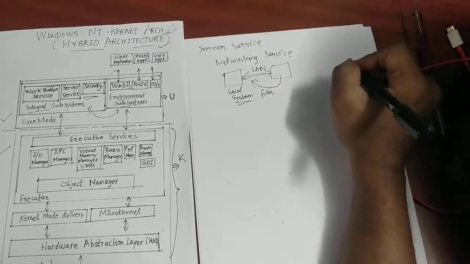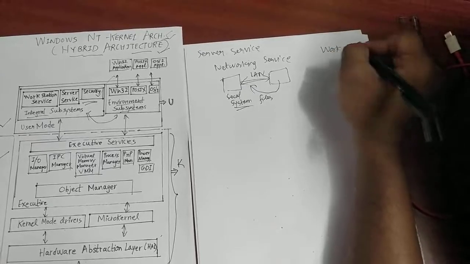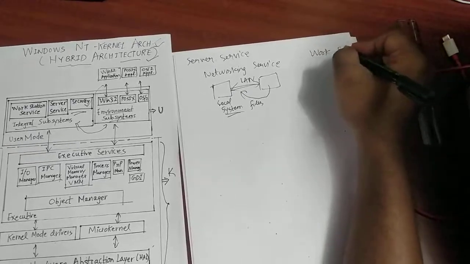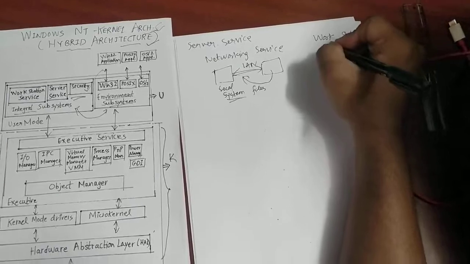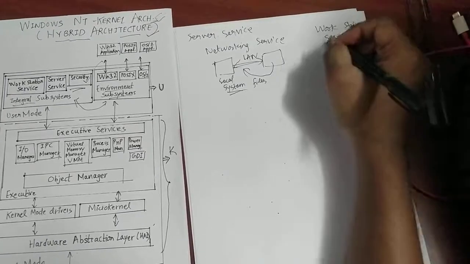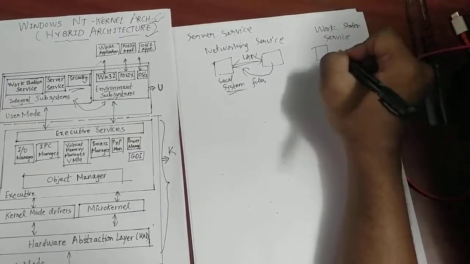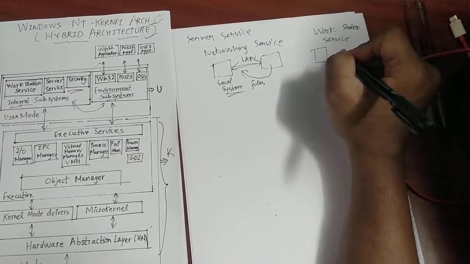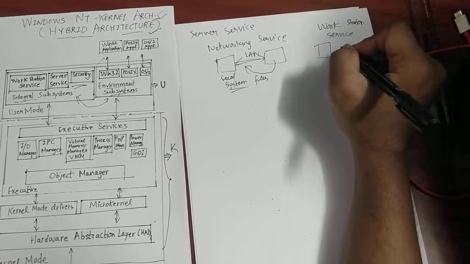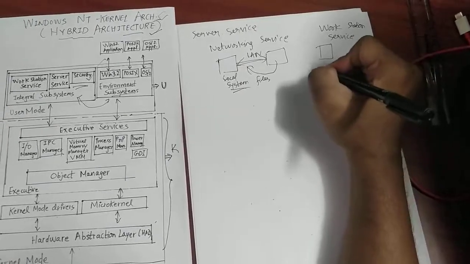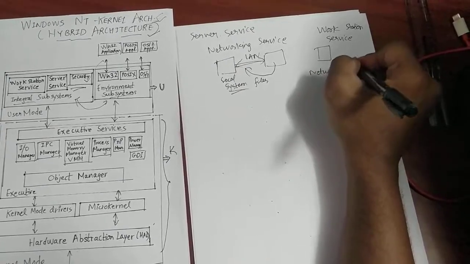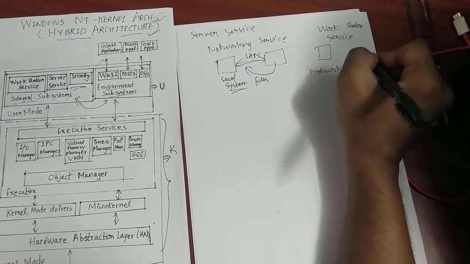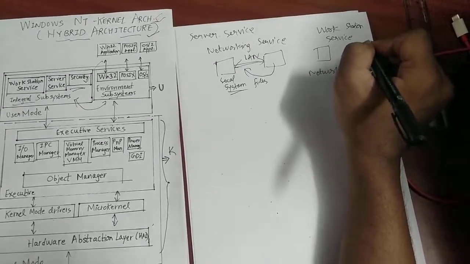And this workstation service, for this point in time, we can only say is basically a single user desktop service. It is more similar to what we can call a network redirector. What is a network redirector?